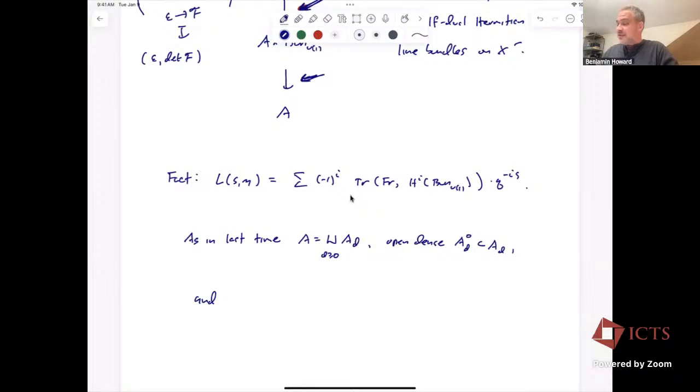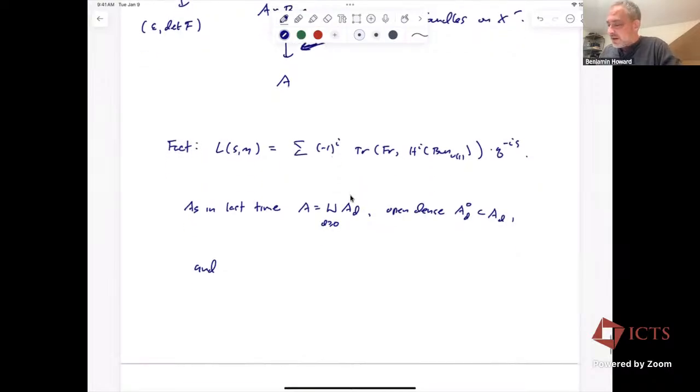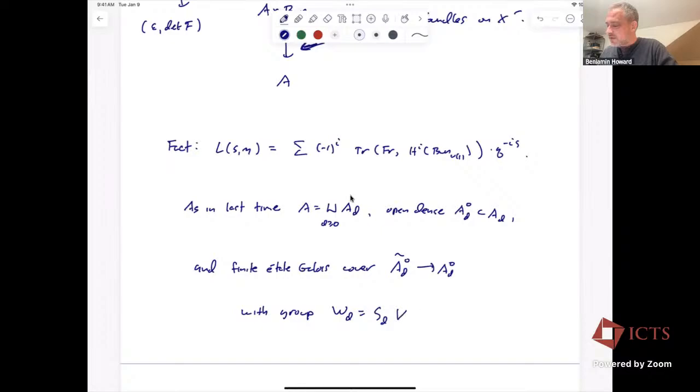And last time I showed how there was a finite étale Galois cover of the regular semi-simple locus, whose Galois group was this semi-direct product of the symmetric group with D copies of plus or minus 1.